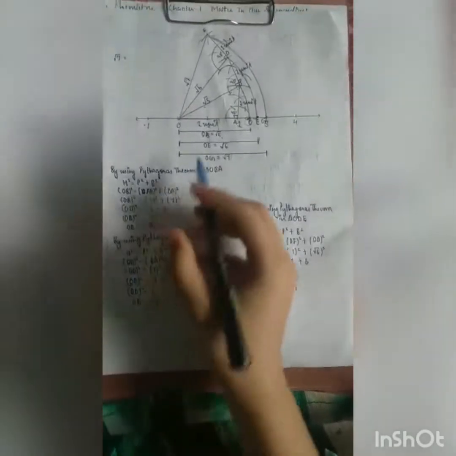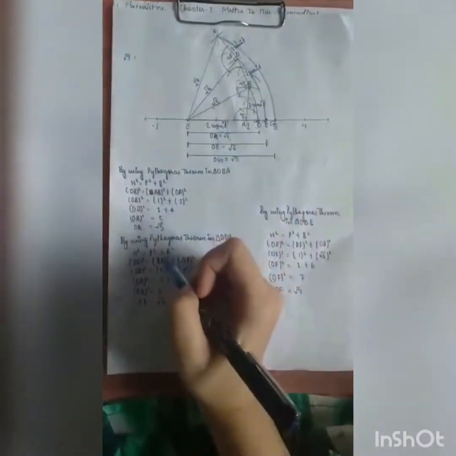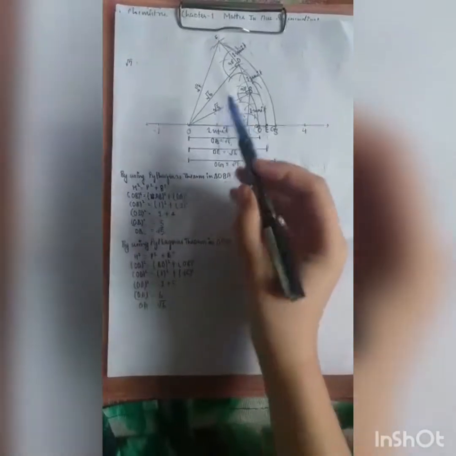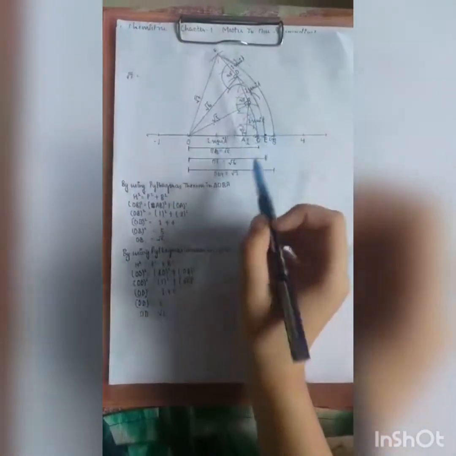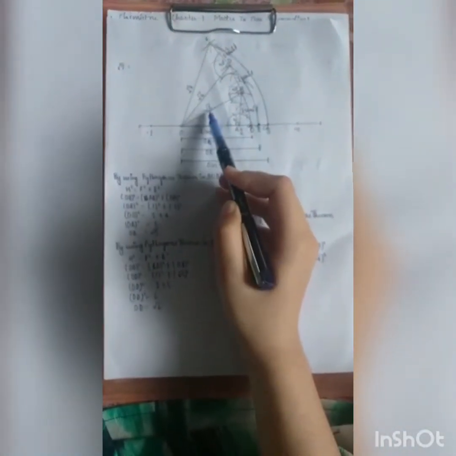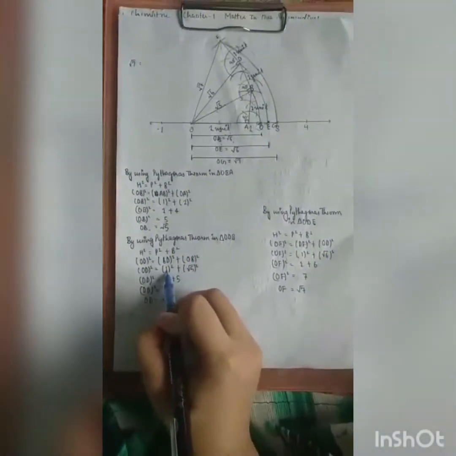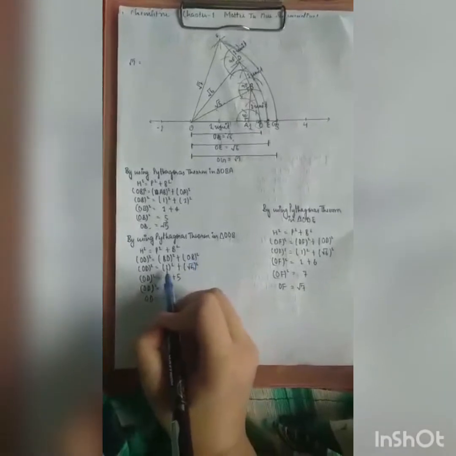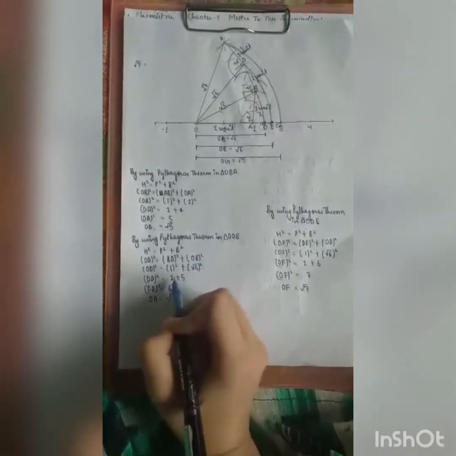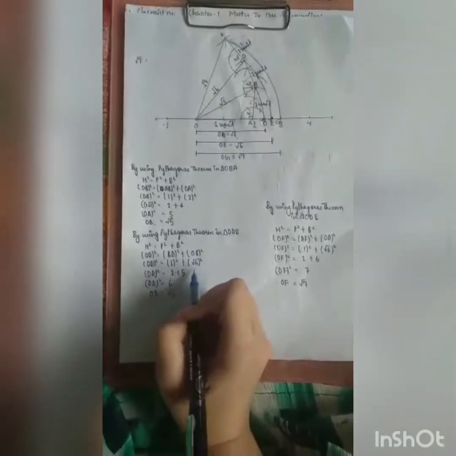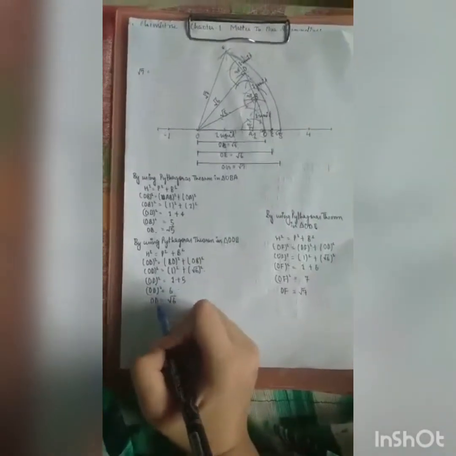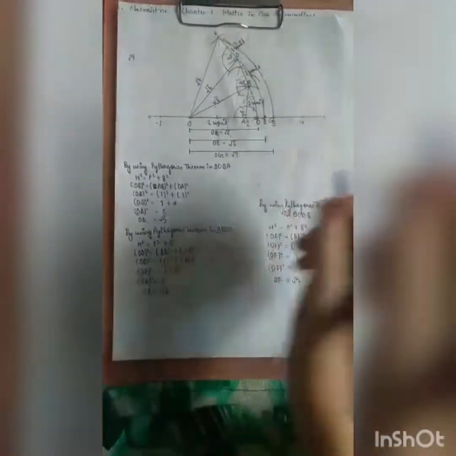Here hypotenuse is OD and perpendicular is BD and base is OB. So we already know that OB base is root 5, BD is 1. So 1 square plus root 5 square is 1 plus 5, that is 6. So OD square is 6 and OD is equal to root 6.